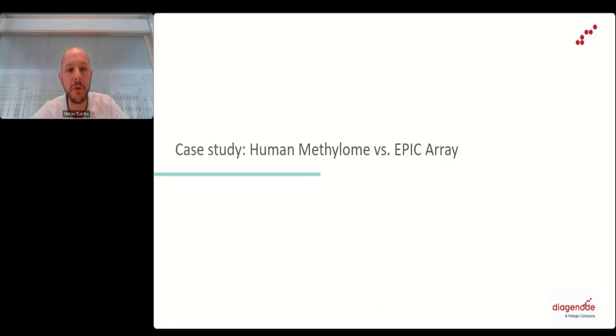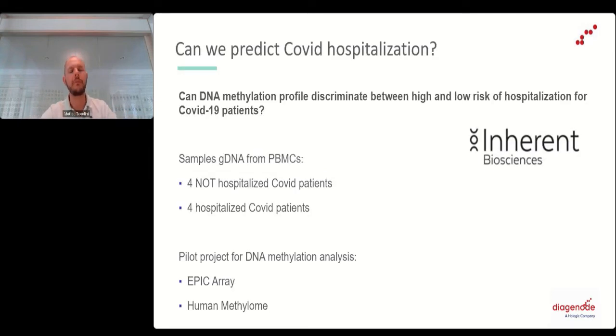Now I will present to you a case study where we compared the data of the human methylome versus the EPIC array here at Diagenode. A US-based company called Inherent Bioscience came to us with a pilot study to see whether it was possible to predict COVID hospitalization based on the DNA methylation profile of the patient, to see whether we can discriminate beforehand whether there is a high or low risk of hospitalization.